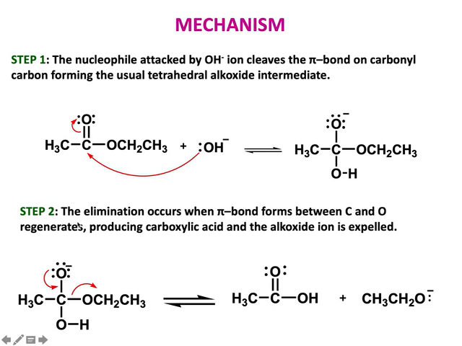And step 2, we don't want this negative charge, so the next step is elimination, to form the pi bond, then this electron will leave. So here it becomes a double bond carboxylic acid, and the alkoxide is a side product.